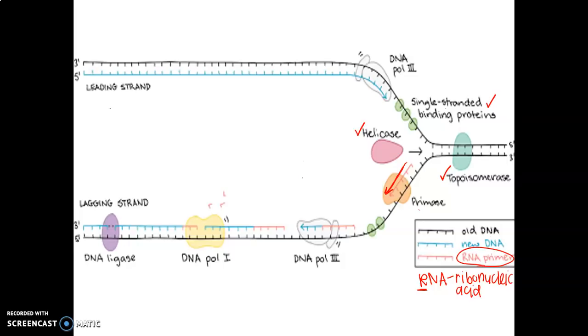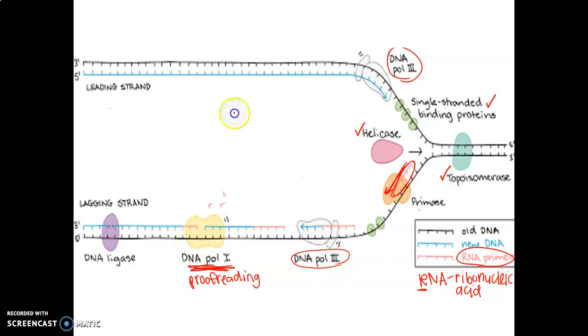He'll put down the RNA primer, and from there comes DNA polymerase. There's kind of a lot of them functioning at the same time. This guy is proofreading. We won't really talk about him; that's more of an AP level thing you would need to know. But his job is to proofread.